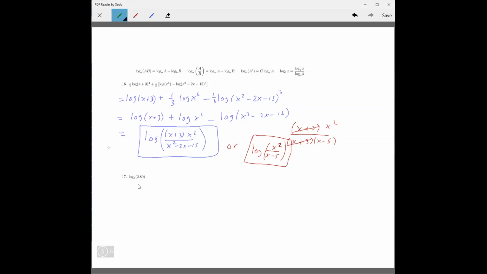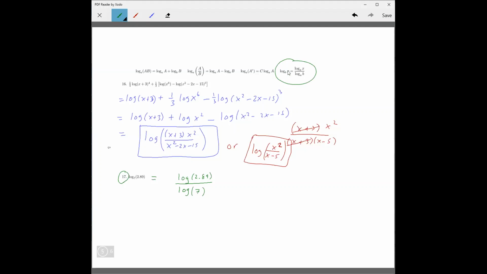Okay, and then finally, last one is log base 7 of 2.89. And we're supposed to use the change of base formula, so that's this last one here. So you can use the common logarithm, which would be the log of 2.89 divided by log of 7.